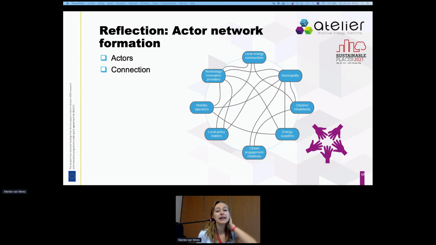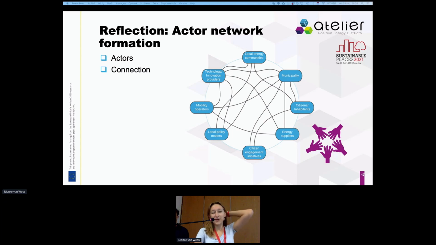But we had actors such as the local energy communities that Mark already talked about, municipality, citizens, inhabitants, very important also, the energy suppliers, also the supplier of technologies or innovations, citizen engagement initiatives, local policymakers, mobility operators. It includes a lot of things, and this is just a start here.